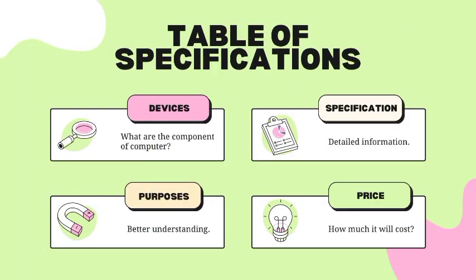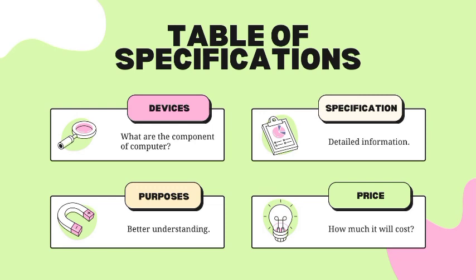Here we have created the table of specifications where we have the devices, specification, purpose, and the price. In devices, we will talk about the components of the computer. What are the components that make the computer run better? In the specification, we have detailed information. What is better to purchase?